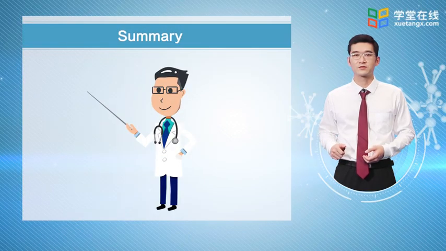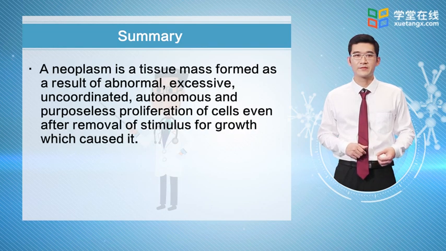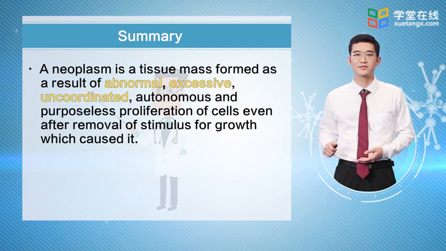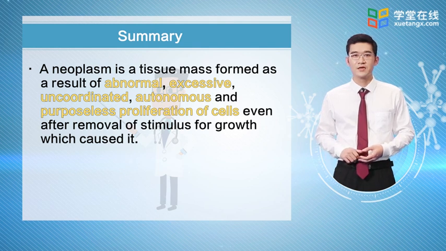Now we have come to a brief summary for this section. Neoplasm is a new growth due to abnormal, excessive, uncoordinated, and autonomous proliferation of cells. In common medical usage, tumor is a synonym of neoplasm.